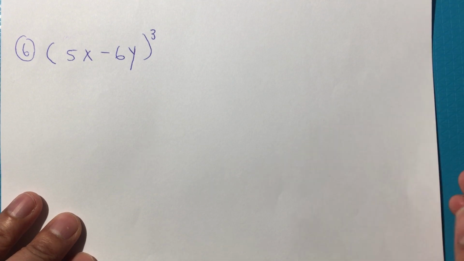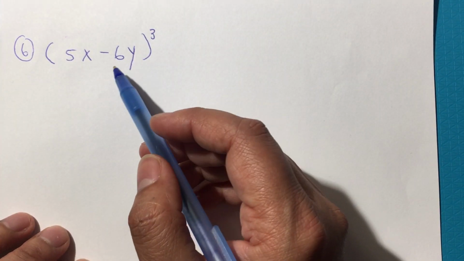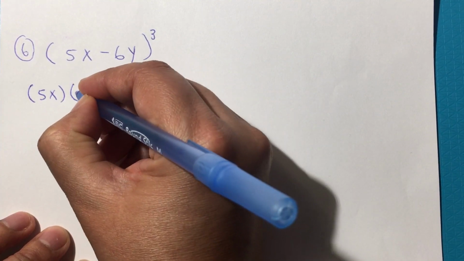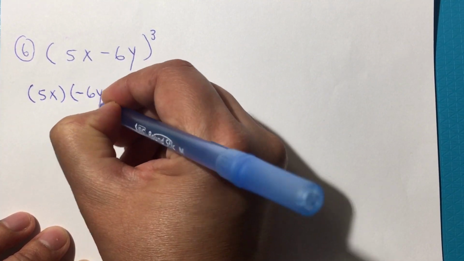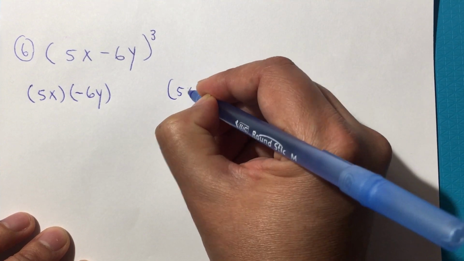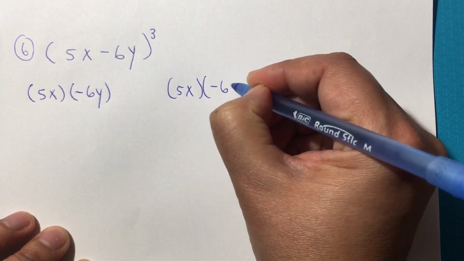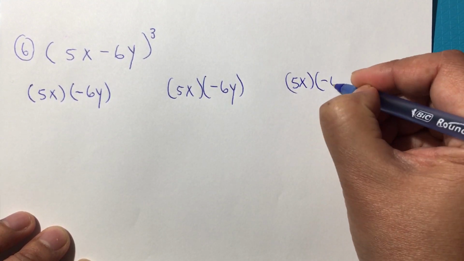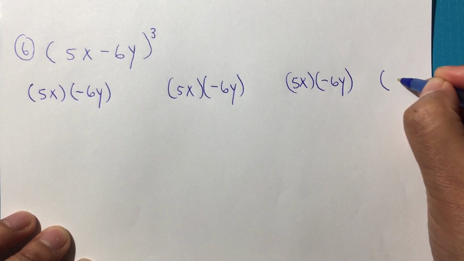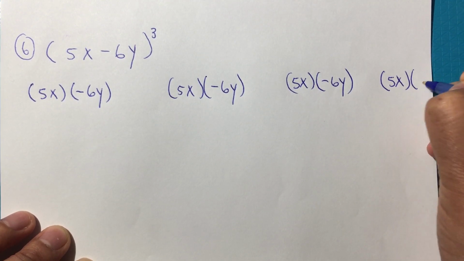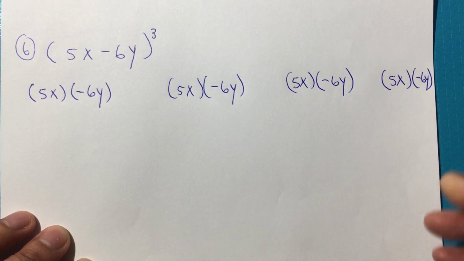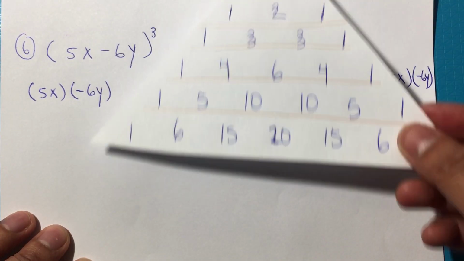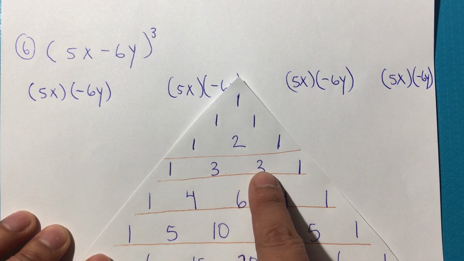Okay, one last example. Again, we have exponent 3. It's 4 times 5x times negative 6y. And the coefficients, we're going to be using the same, right? It's 1, 3, 3, 1.